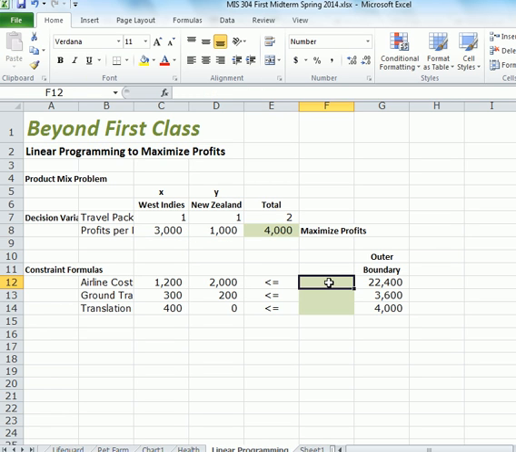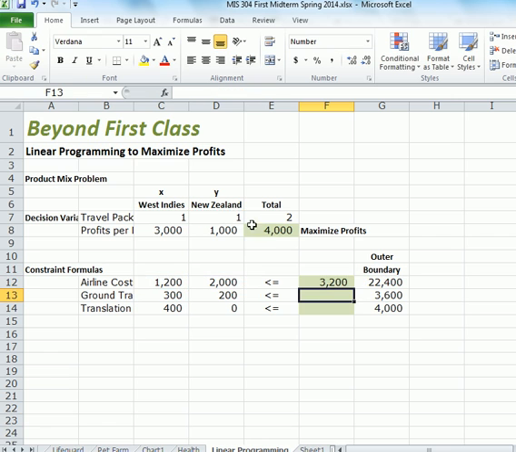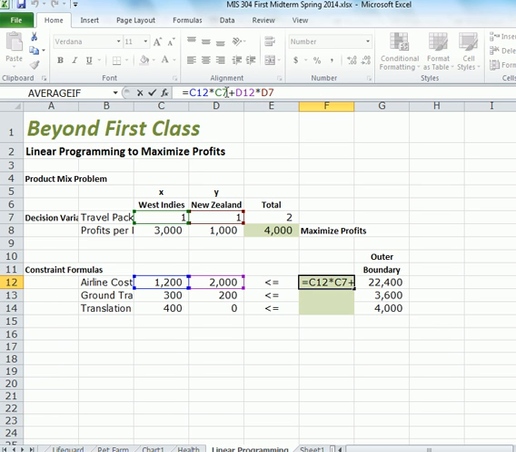Same thing here, it is equal to units of this multiplied by the units of the West Indies plus the airline cost for New Zealand multiplied by the units for New Zealand. My C7 and D7 are fixed, so I can fix them.